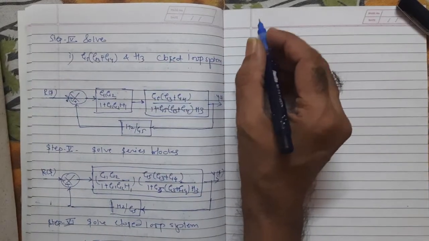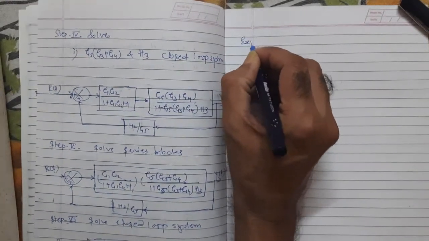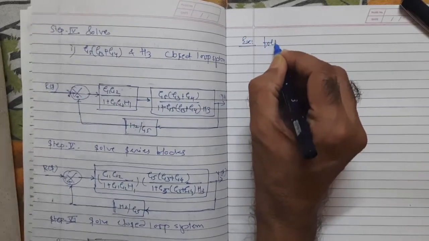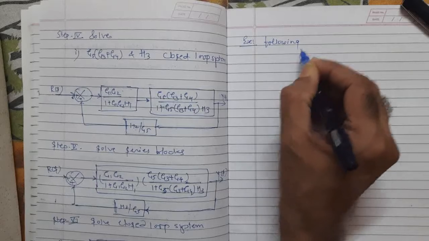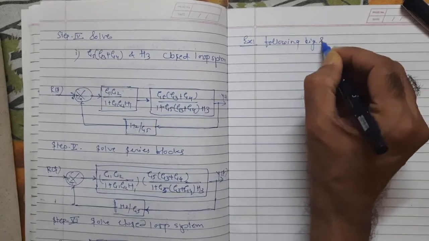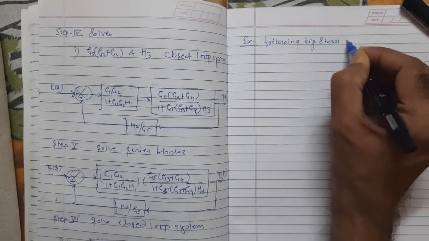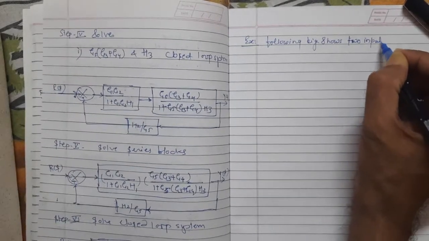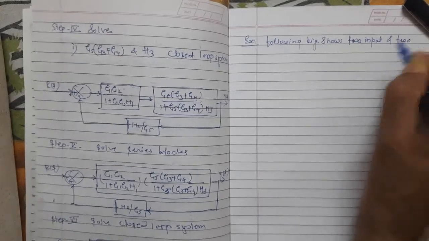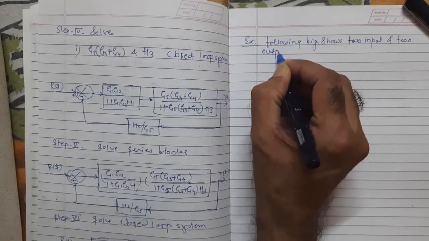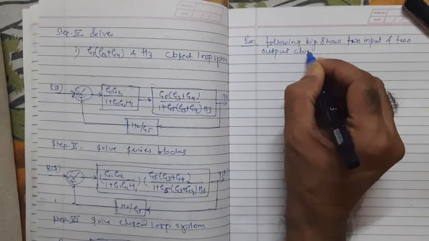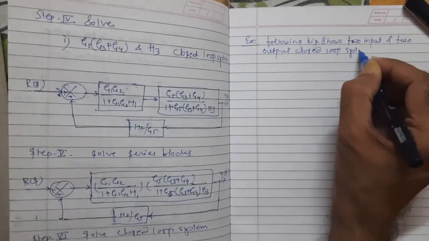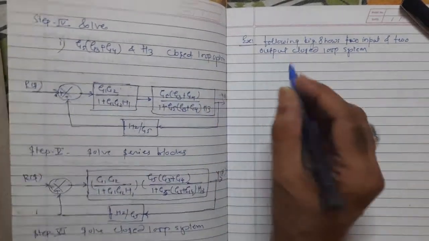So we will see one example on block diagram reduction. The following figure shows a 2 input and 2 output closed loop system.